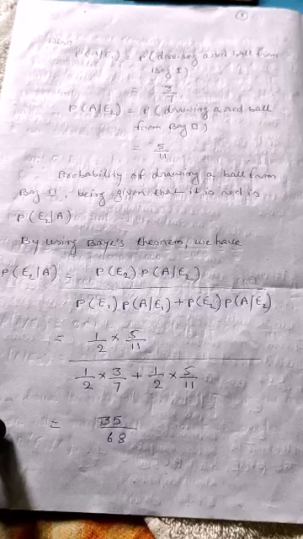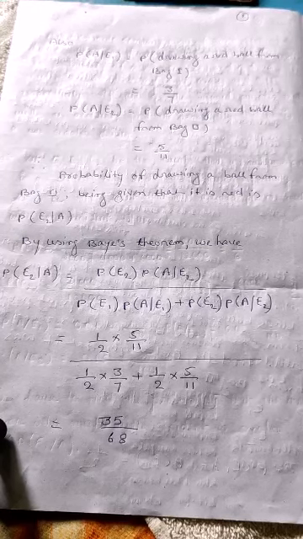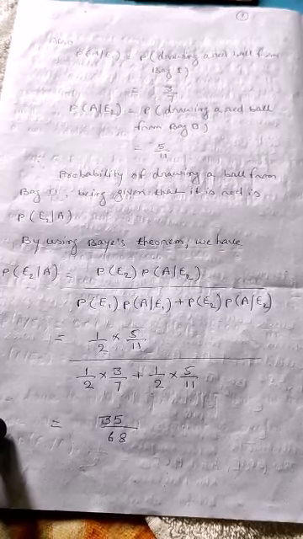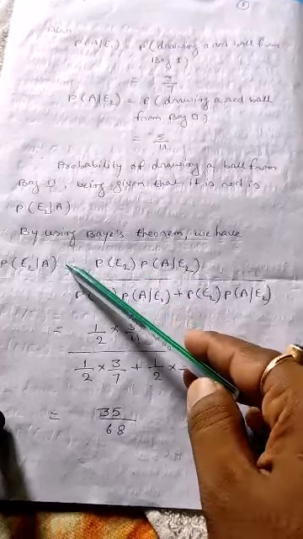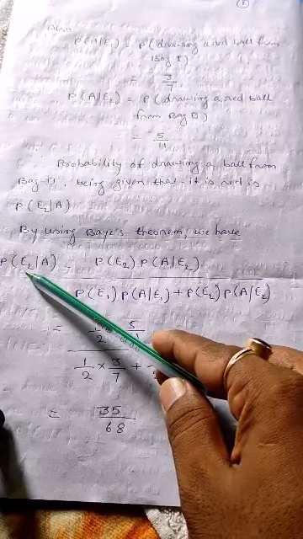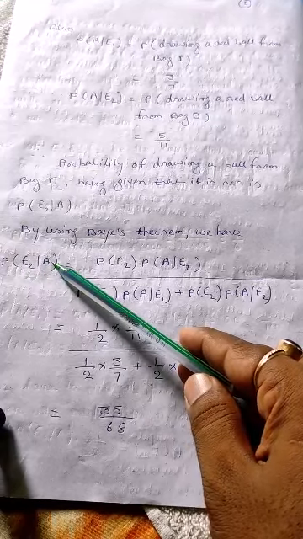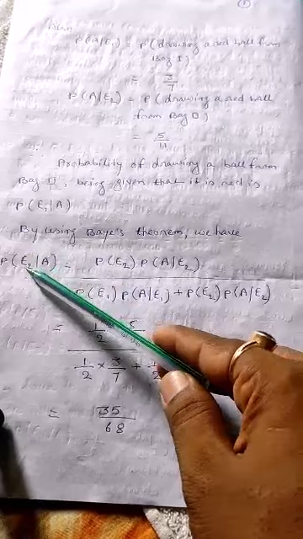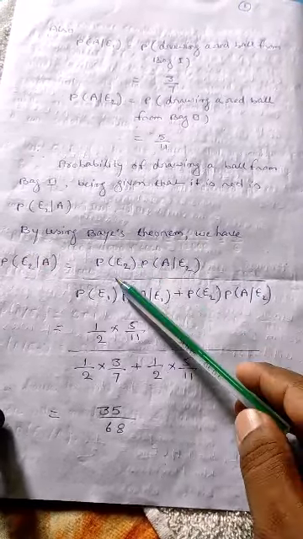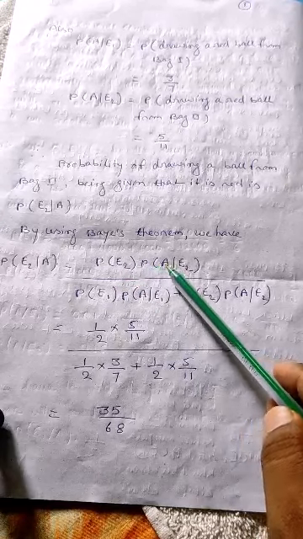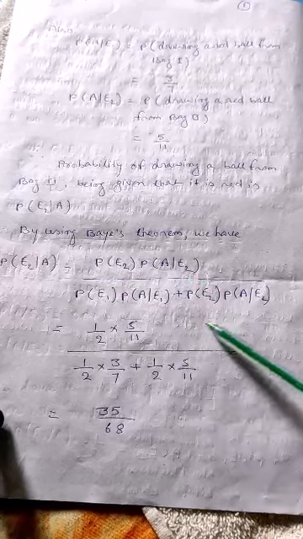Now we have to find that the bag must be the second one and the ball must be red, that is, we have to find P(E2|A). E2 represents bag 2 and A represents the red ball. This is the way to write Bayes theorem: P(E2) P(A|E2) divided by the total probability.